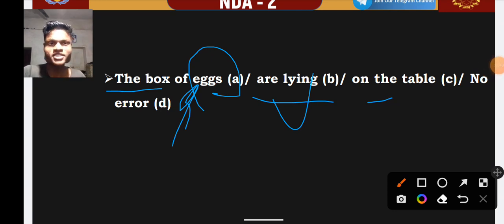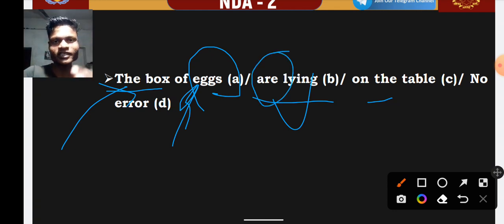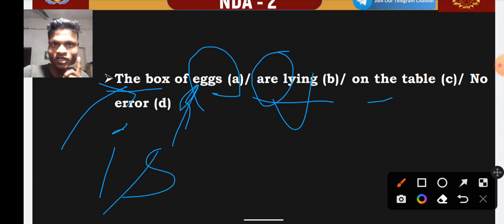What I am saying is, eggs is not the subject here. Here the subject is the box, and according to the box, are is not correct. So you have to replace are with is. So what is the secret of this sentence?